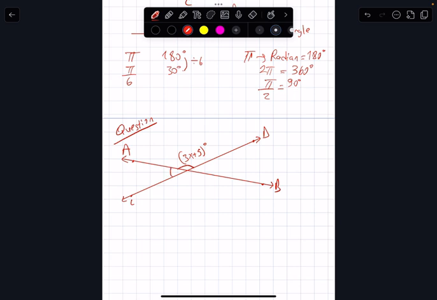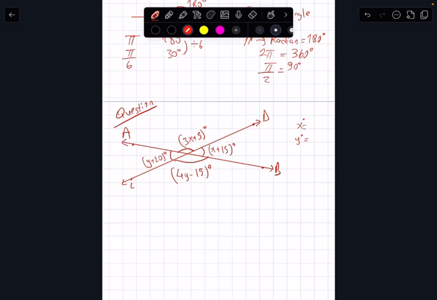This is going to be y plus 20 degrees. Let's call this x plus 15 degrees, and this one 4y minus 15 degrees. Find x and y.